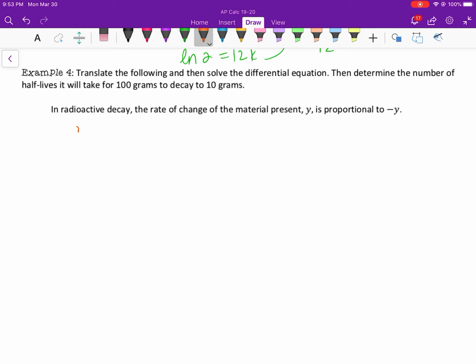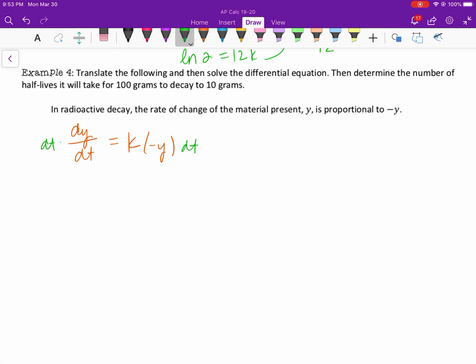Based on what they told us, the rate of change of the material present, dy/dt, is proportional to negative y. Well, we can still solve this, and it's still going to give us an exponential growth, quote-unquote, function. We'll talk about that in a minute.